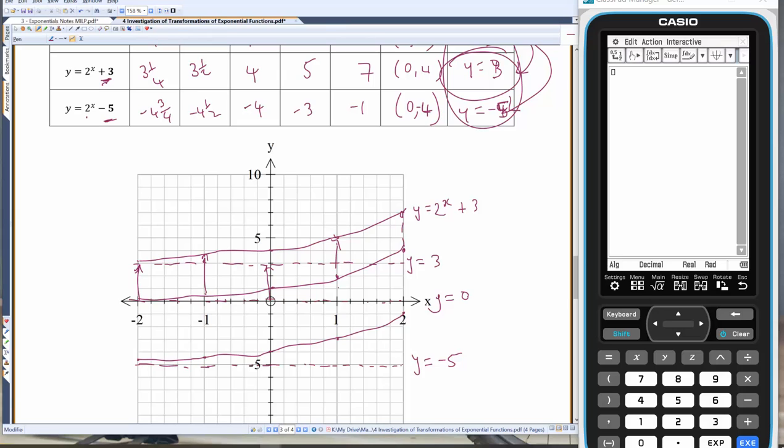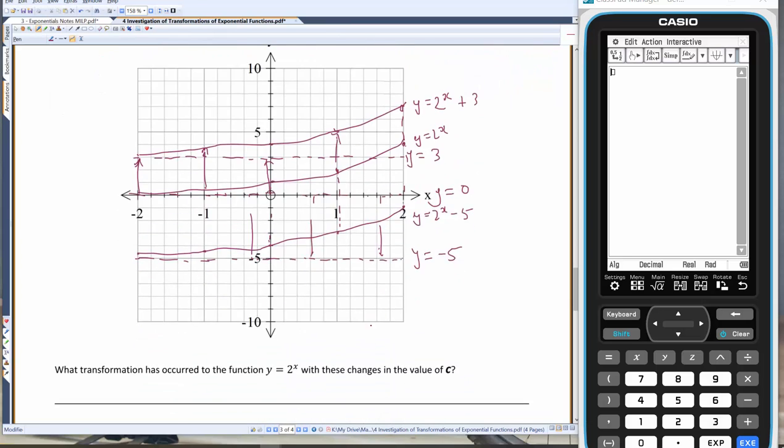And this one here is y equals 2 to the x, and this function here was y equals 2 to the x take 5. And what's happened is all of these values here have been lowered by 5, including the asymptote. So the asymptote has been shifted down 5 units.